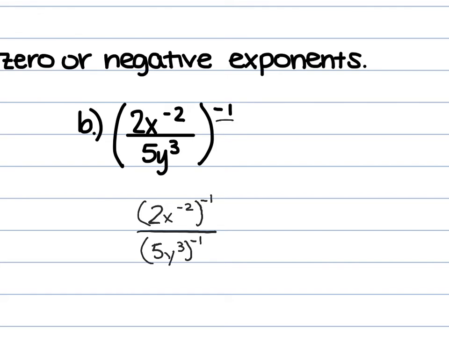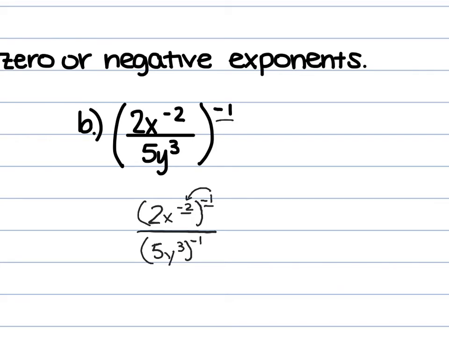So notice here's an exponent being raised to an exponent. So one of the things that we said that we can do is multiply these two things together. But when we multiply them together, here's what's interesting about that. We can multiply this -1 times the -2, and we would get a positive 2.